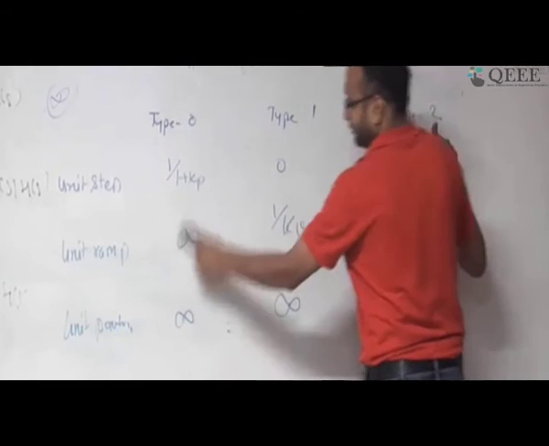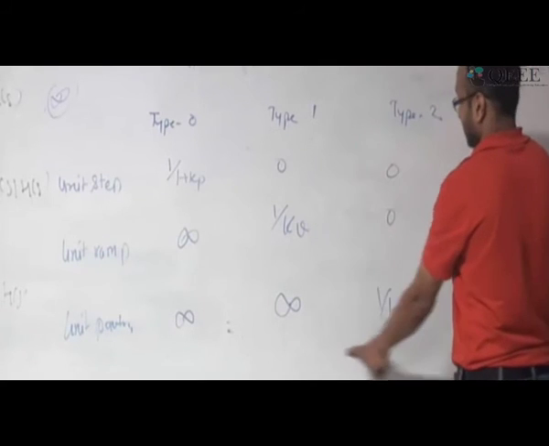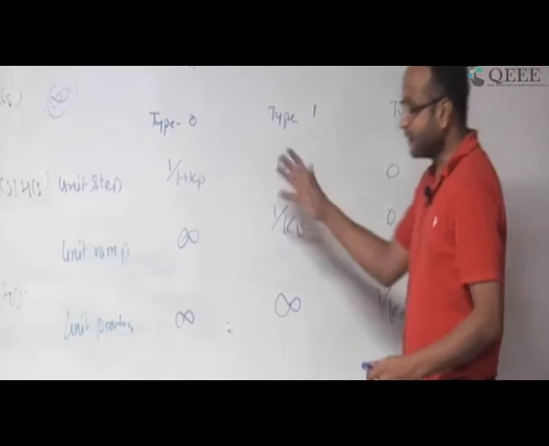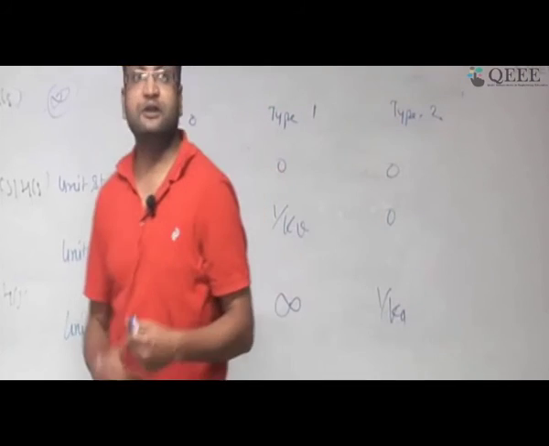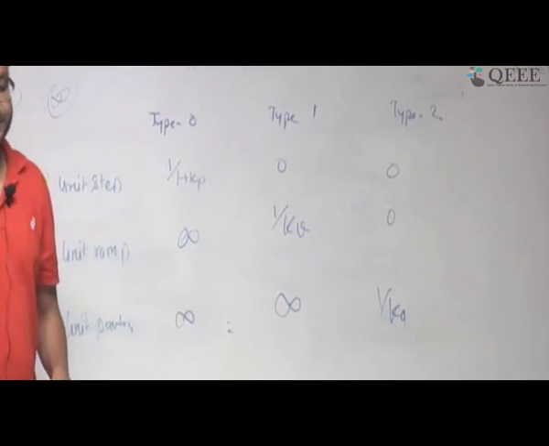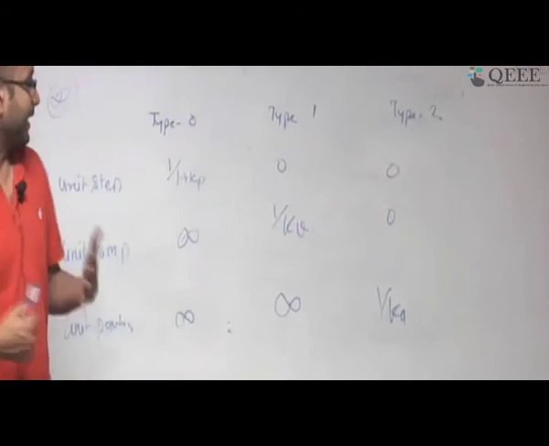For unit parabola, type 0 system, infinite error. Type 1 system, infinite error. Type 2 system, 1 by Ka, it has come down. So, one conclusion we want to make here, if you increase the type of the system, the error will come down. Okay, this is the important message you should keep in your mind.